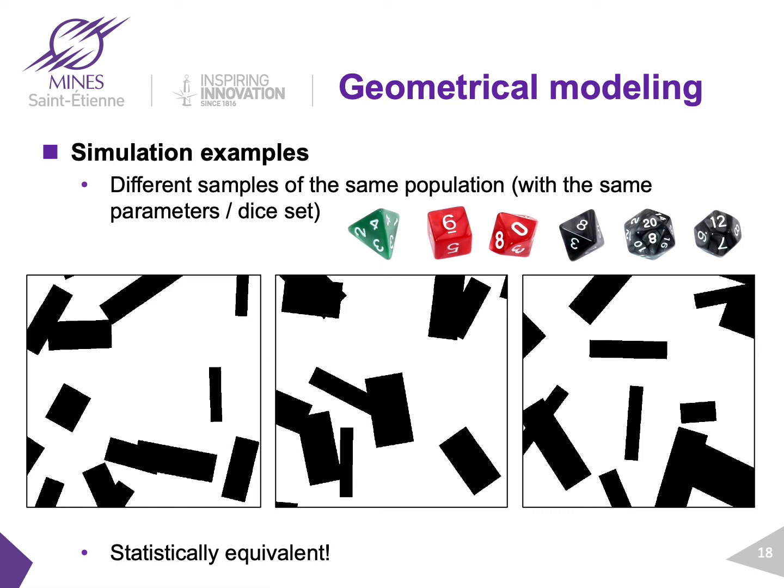It means that I have the same probability distribution, and it's just a different realization of this population. And we can say that they are statistically equivalent because they come from the same distribution.